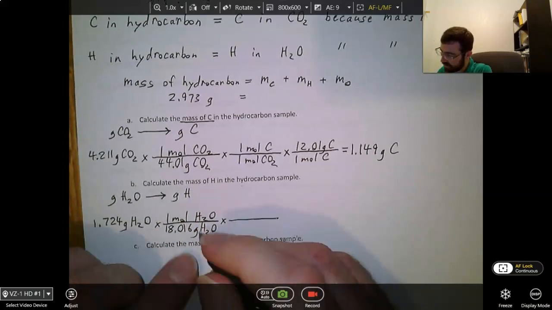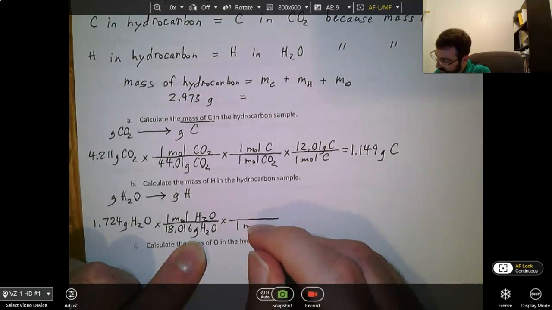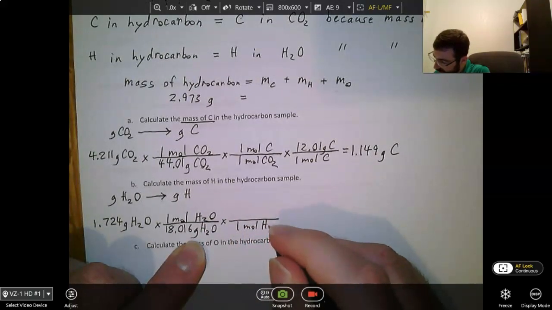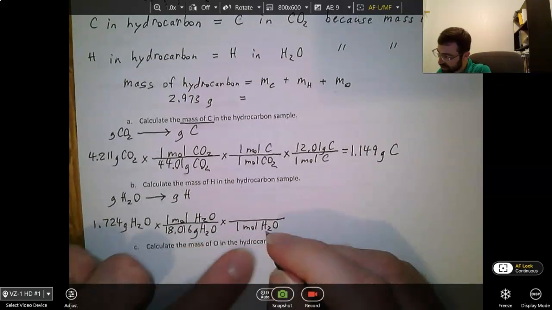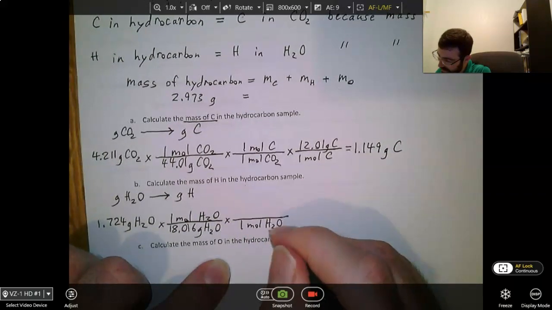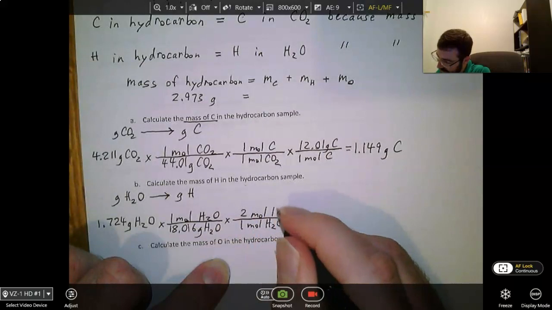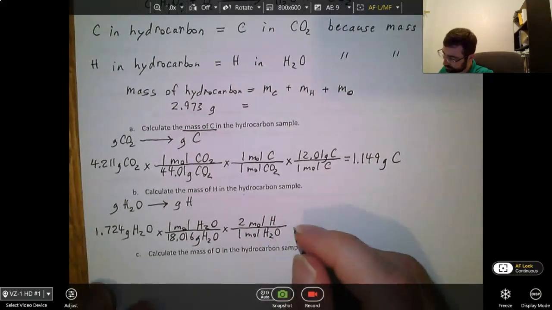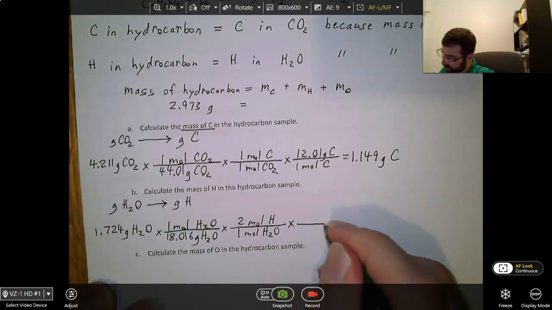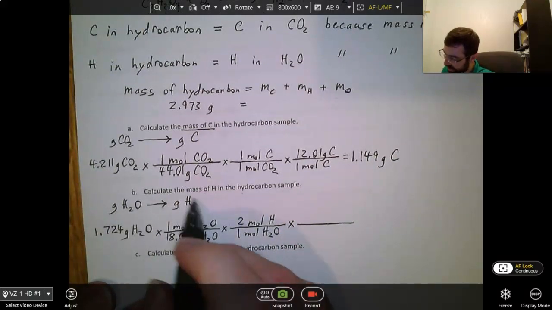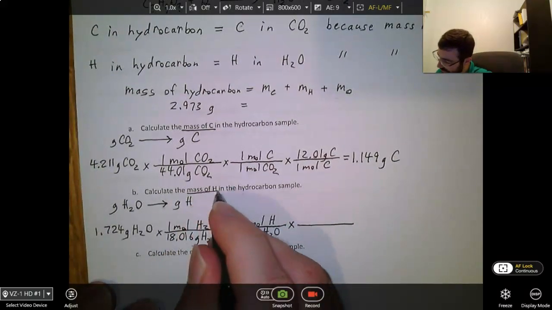Okay, now I have moles of H2O. 1 mole of H2O has how many moles of H? Well, I see 2 hydrogens here, so it has 2 moles of H atoms. I want to know how many grams of H I have. What's the mass of H?